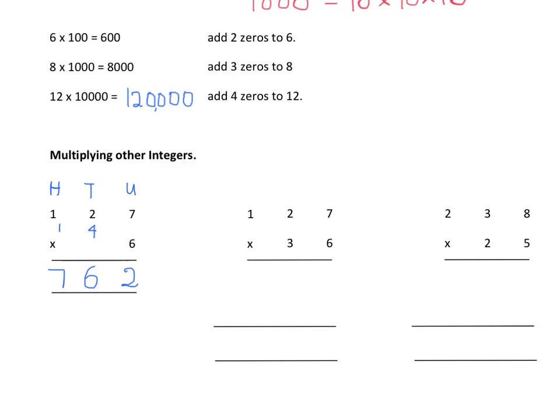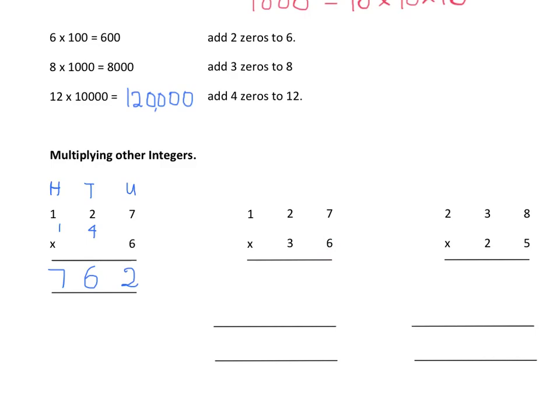It's relatively easy and you've probably remembered that from your school days. But what if we have, as we have in the next problem, which is long multiplication, where we're multiplying an integer by another integer which has 2 digits? Well, then we're going to have to start exactly as we did in the previous problem, because you notice it's 127 multiplied by 36, so it's exactly the same as when we multiply 127 by 6.